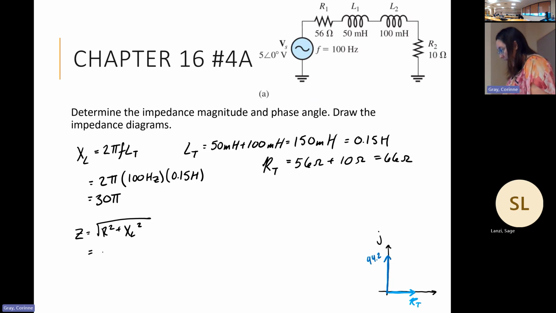I got 177.25 ohms. I'm hoping my decimal point seems mentally correct.